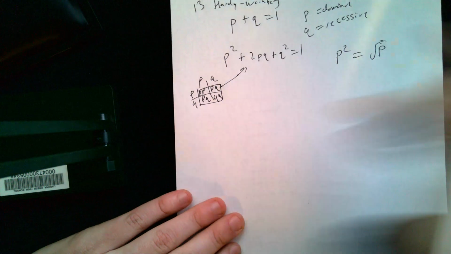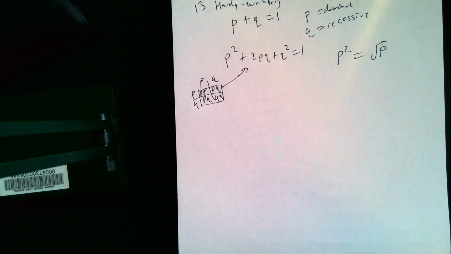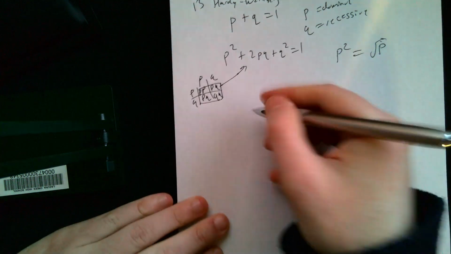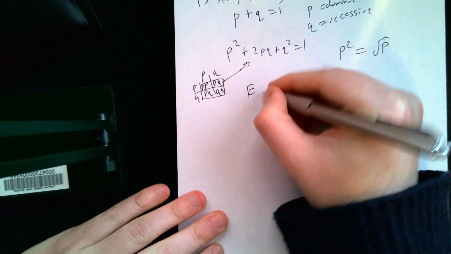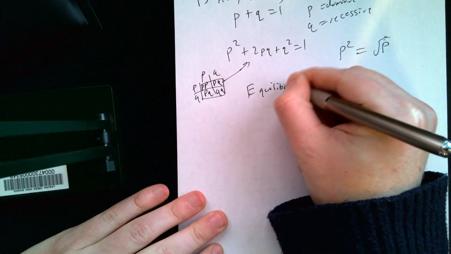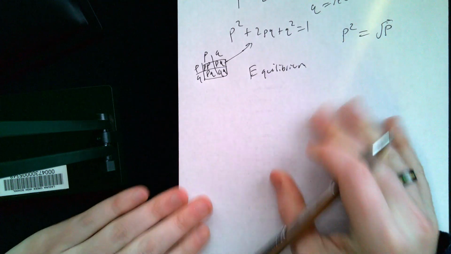So now, there are what are called Hardy-Weinberg conditions. And so these are the things that a population has. And if it's in equilibrium, it means there's no natural selection, there's nothing happening.